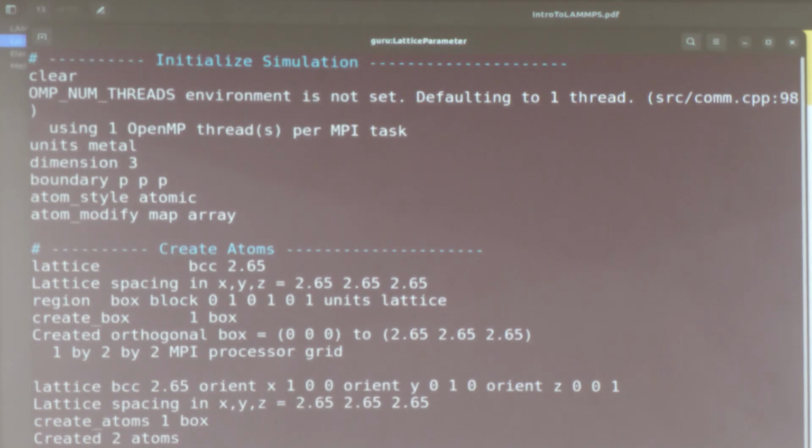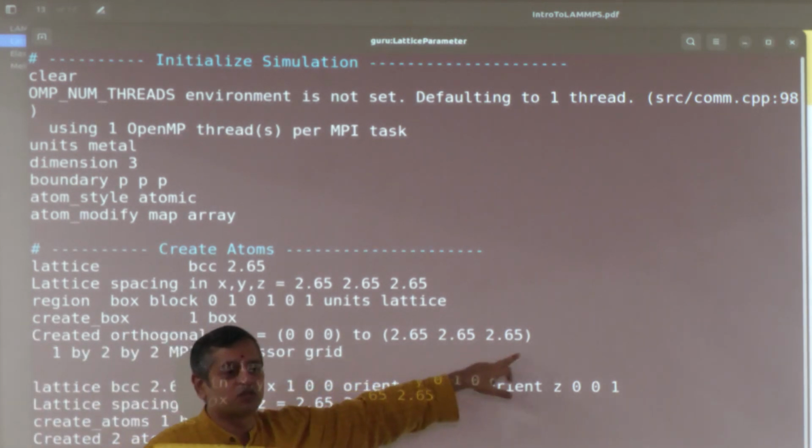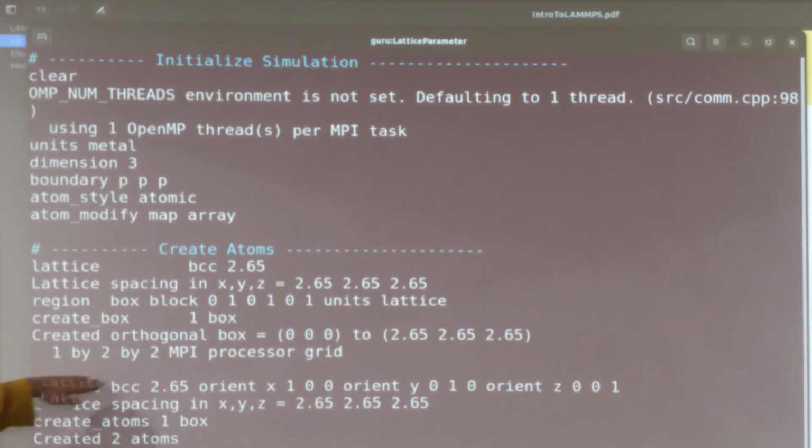And it says create box, it has created an orthogonal box. Here is where, I do not know your name, you are asking the question, no? Your name? Soumya. Soumya, you can see that it goes from 0, 0, 0 to 2.65, 2.65, 2.65. That is the box it creates. And this is related to MPI, right? I said 4 processors or something.